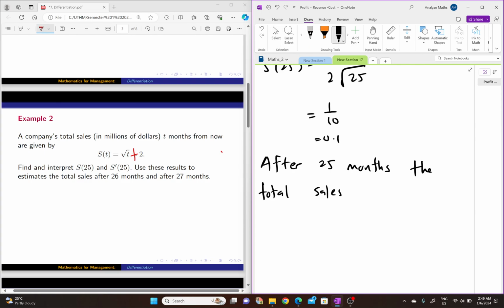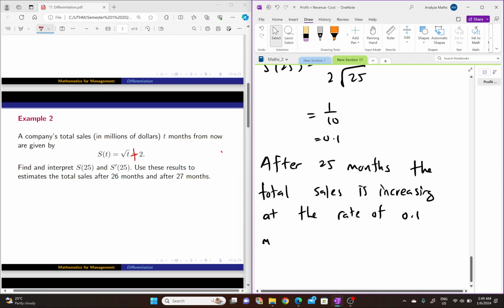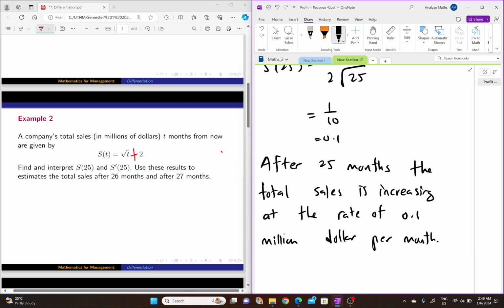After 25 months, the total sales is increasing at the rate of 0.1 million dollars per month. Okay, per month means at the immediate month, okay, in 26.